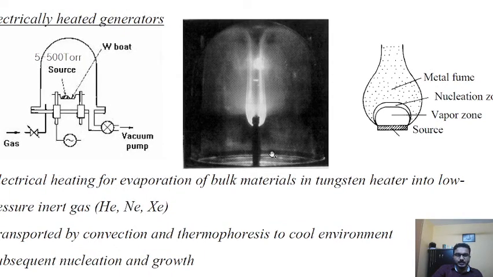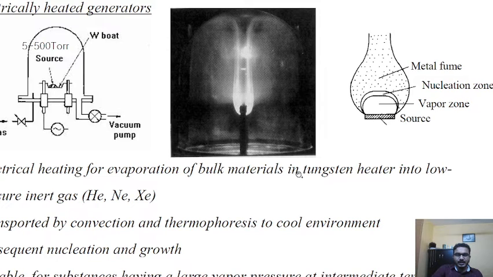Here this is the actual image as you can see, and if we focus on the source, then very close to the source we are having a vapor zone. Above it we have a nucleation zone, and the rest of the part is a metal fume, and it is quite visible in the actual image also.